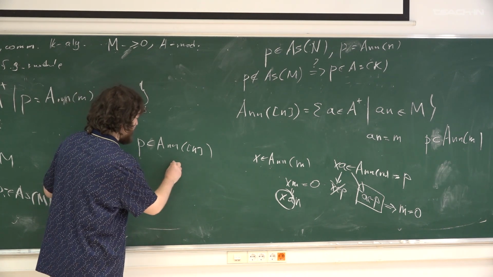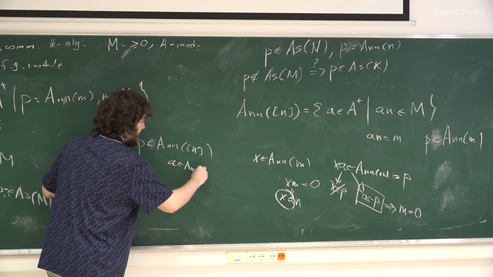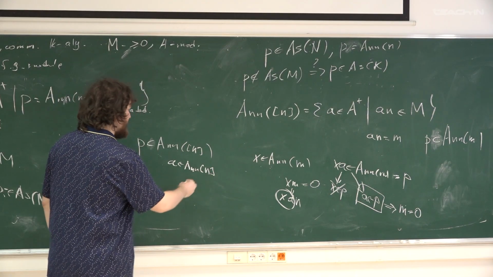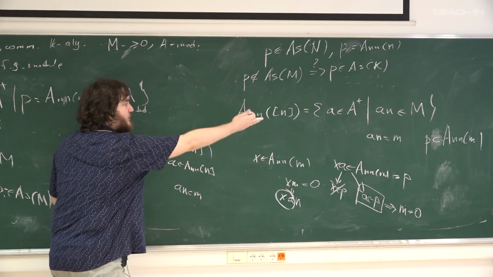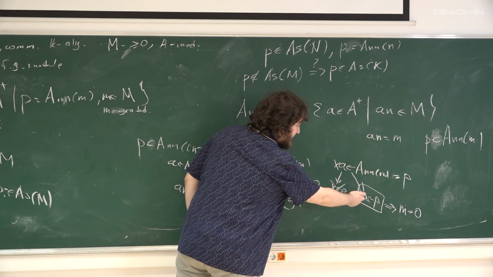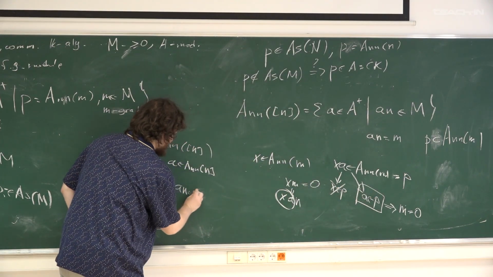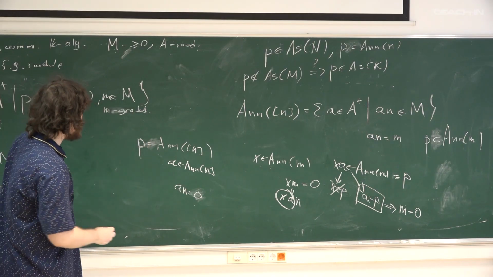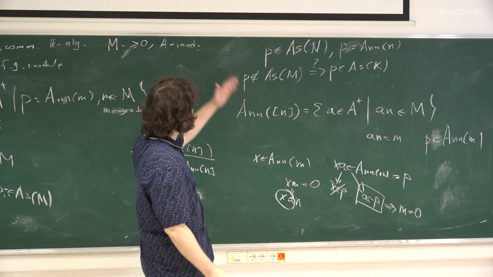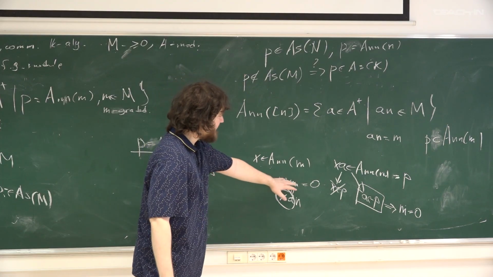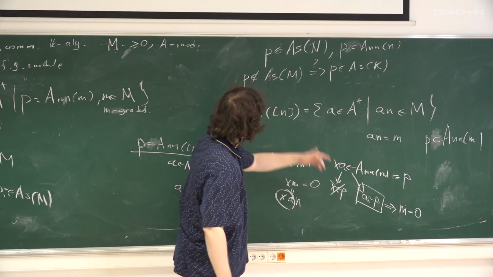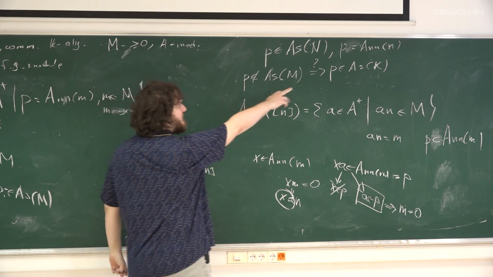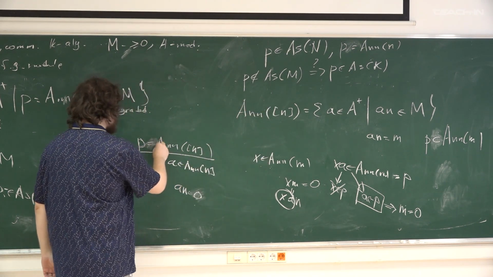And now if I have some element a from the annihilator of n, then I obtain that either I have this situation or m is 0. So in fact I have equality here. So I obtain that either it's from the annihilator of some element from M, or it's exactly the annihilator of the quotient.